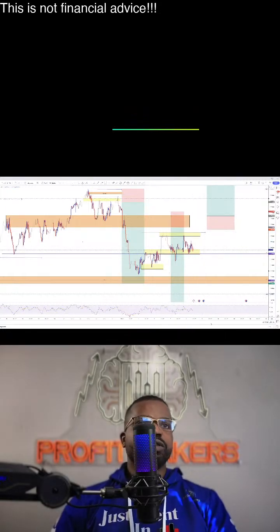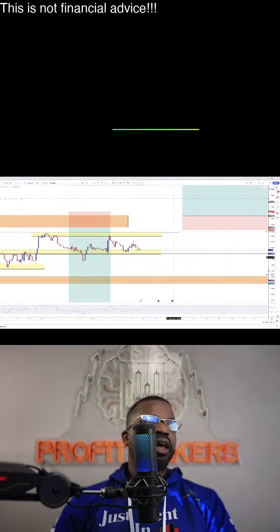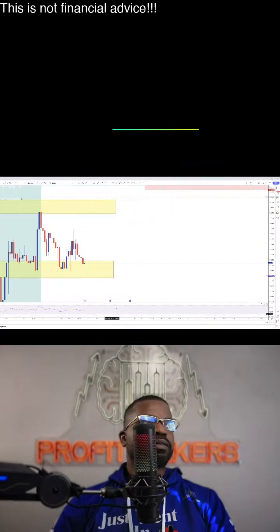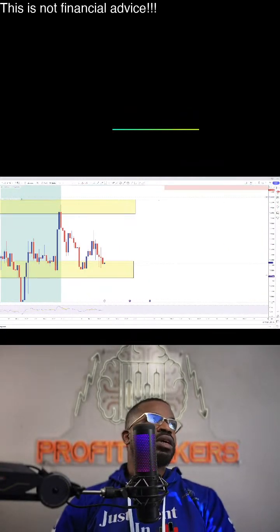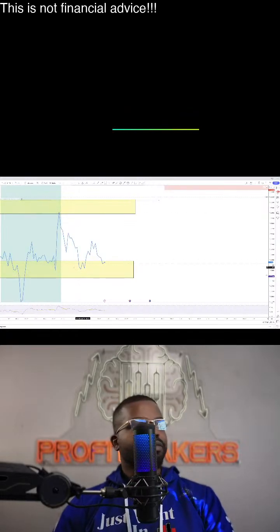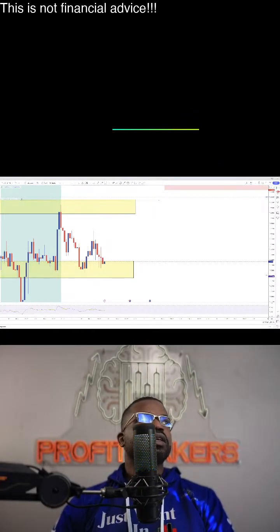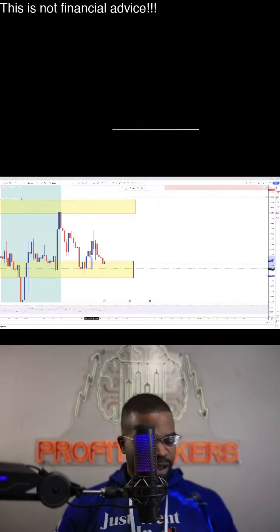Now let's zoom in. So we had a reversal pattern at the lows right here. Double bottom, okay? That double bottom happened, but it was also retested by this wick. Y'all see that?